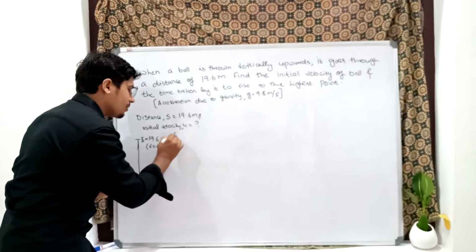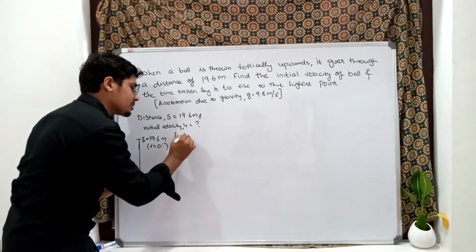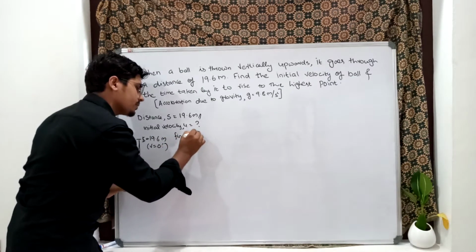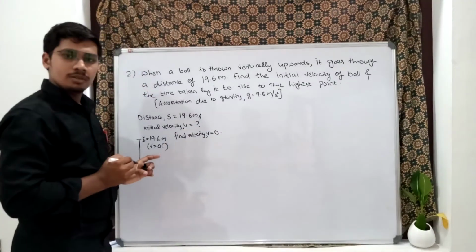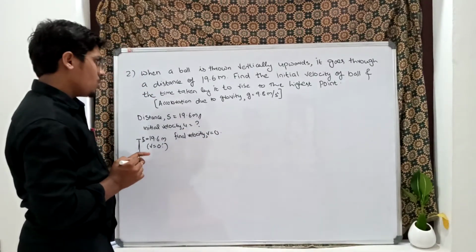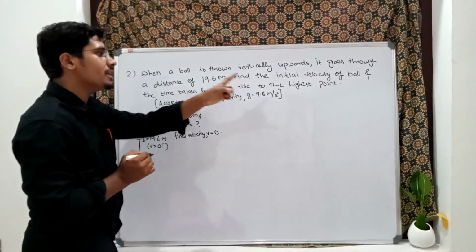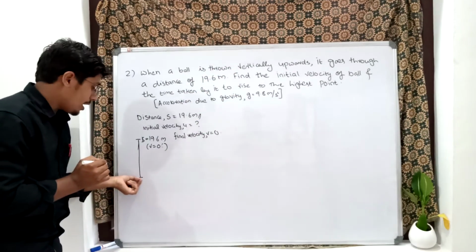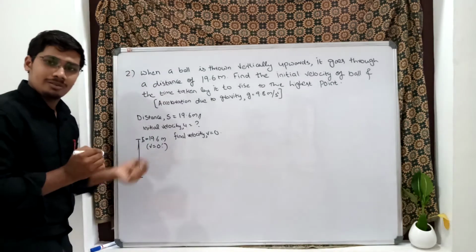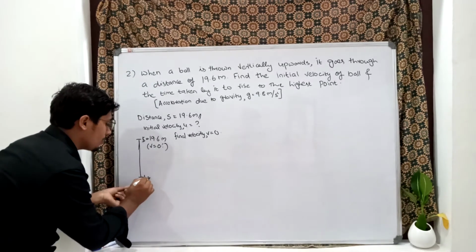Therefore the final velocity at the highest point v equal to 0. So here we have to find the initial velocity of the ball, the velocity with which the ball is thrown, that is the initial velocity u.